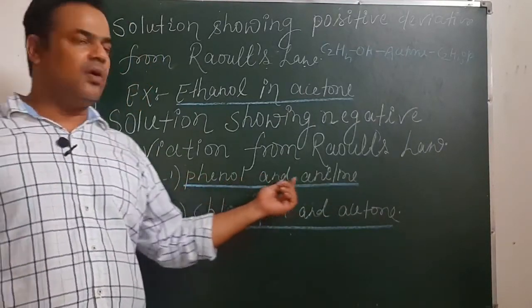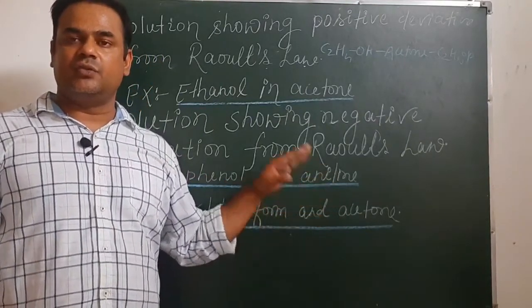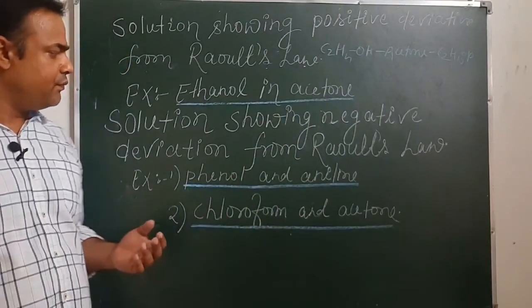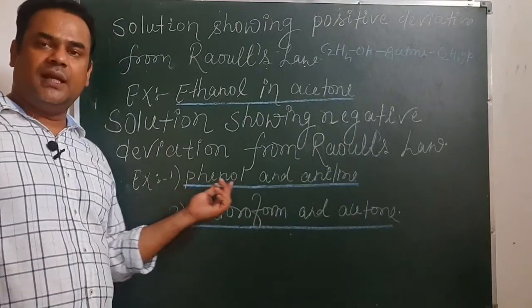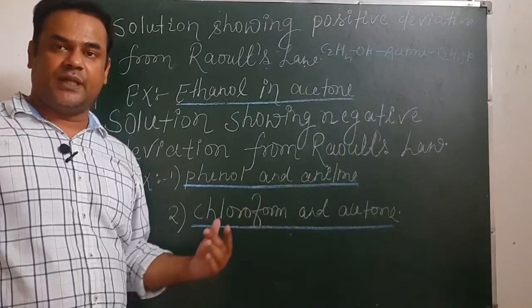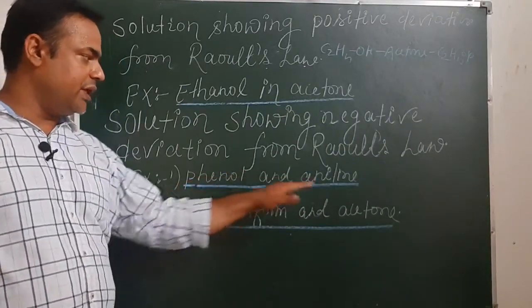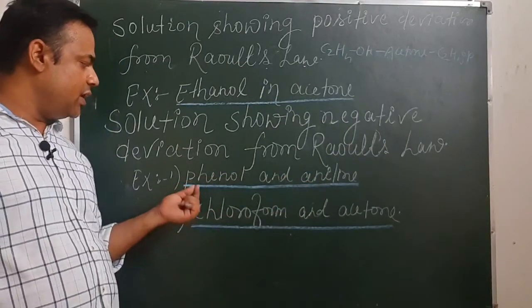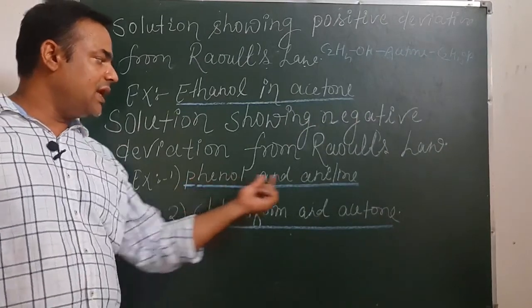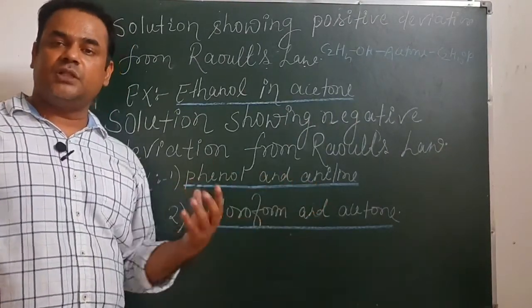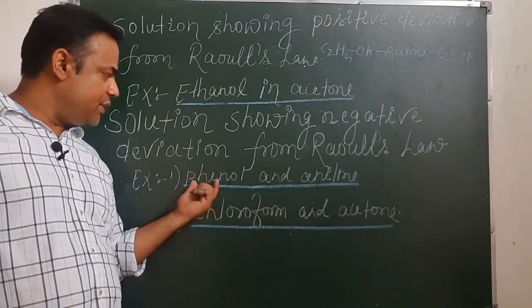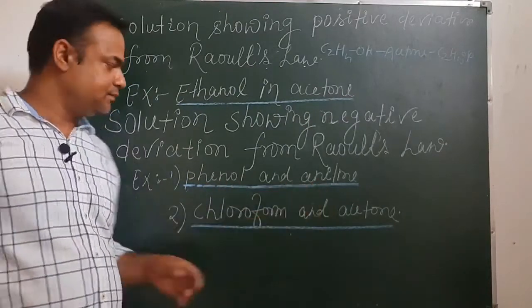When we mix phenol and aniline, it shows negative deviation from Raoult's law. In both phenol and aniline, hydrogen bonding takes place, but when we mix them together, the intermolecular hydrogen bonding between phenol and aniline is much stronger than that between phenol and phenol or aniline and aniline.